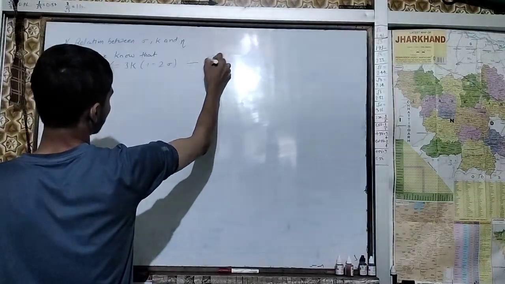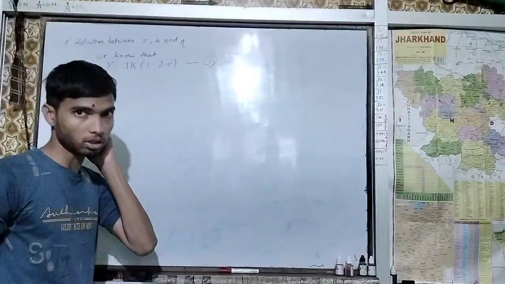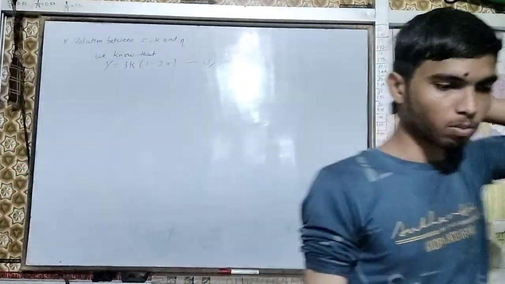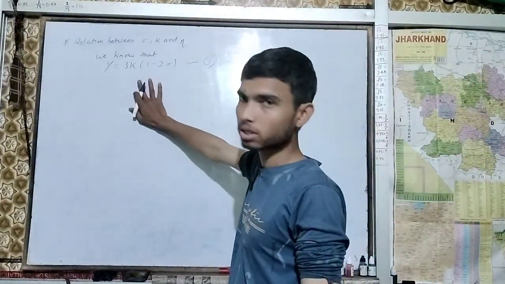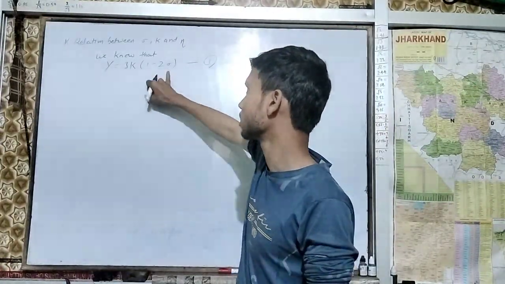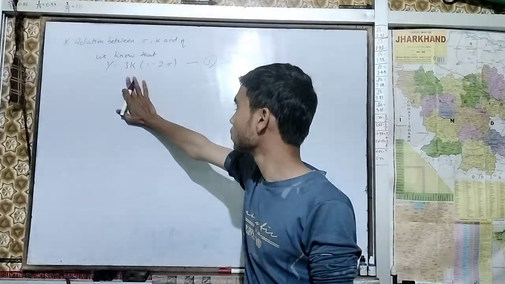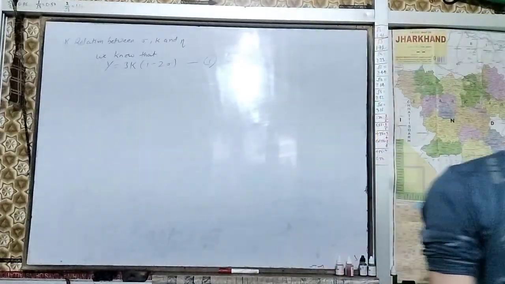This was our first relation. Just before this, I explained a little bit about this, not completely. Here is where you will realize the bulk modulus. It is written like that: Y = 3K(1 - 2 Poisson ratio).